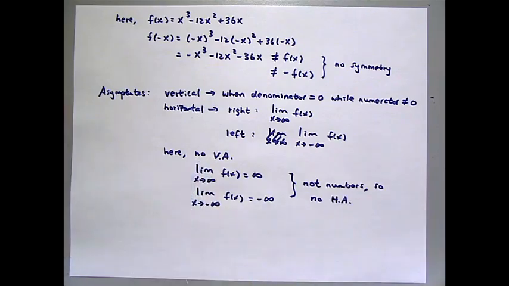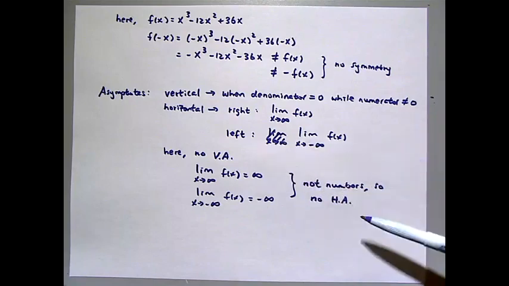If they are not numbers, not going to a 2 or 5 or whatever, but instead going to infinity, then that means there is no horizontal asymptote. They just shoot up to infinity or negative infinity. It does not approach any number. For the function we're looking at, no vertical and no horizontal asymptote. That's okay.